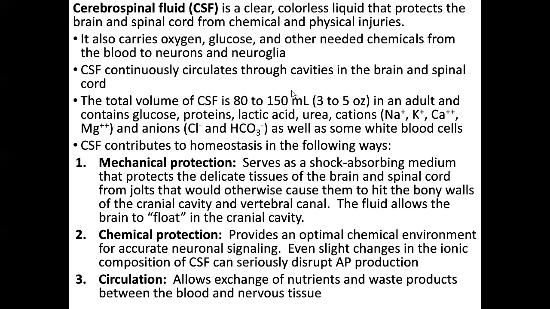If you have just slight alterations in ion number, that can seriously disrupt action potential production. And so cerebrospinal fluid helps keep those numbers the way they should be. And then finally, circulation. I've already kind of talked about this, but it allows exchange of nutrients and waste products between our blood and our nervous tissue. So it circulates the good stuff and gets the bad stuff out.